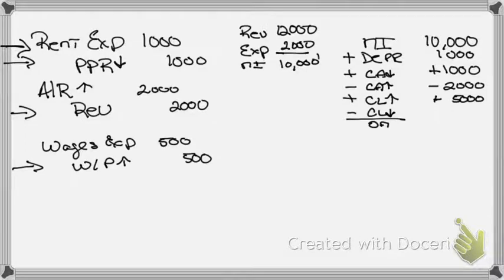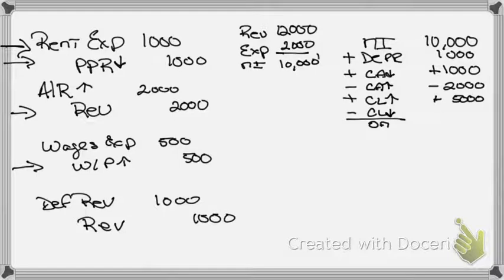And the last would be a liability going down. Deferred revenue and revenue of $1,000. So deferred revenue is making a liability go down. We added $1,000 to revenue, which made our net income go up, but yet we did not get any cash.